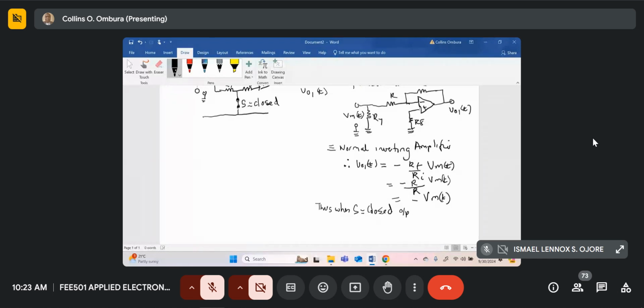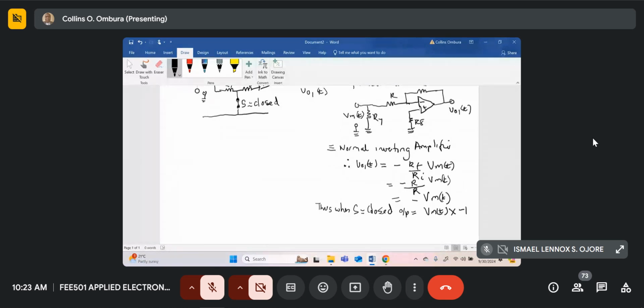output is equal to Vm of t times -1. So that's the first result that we obtained.